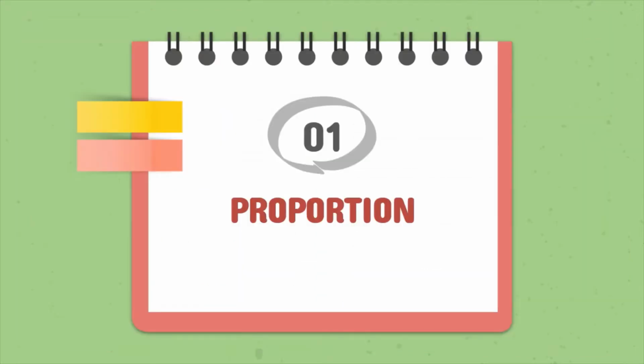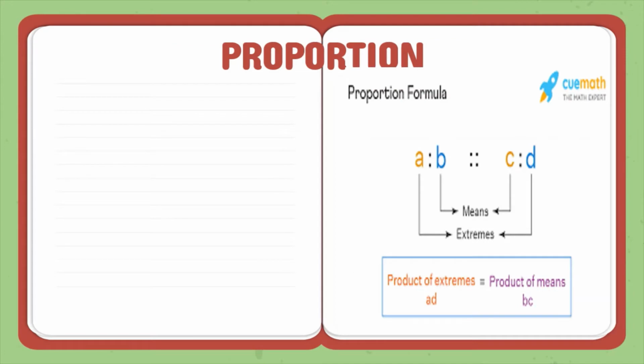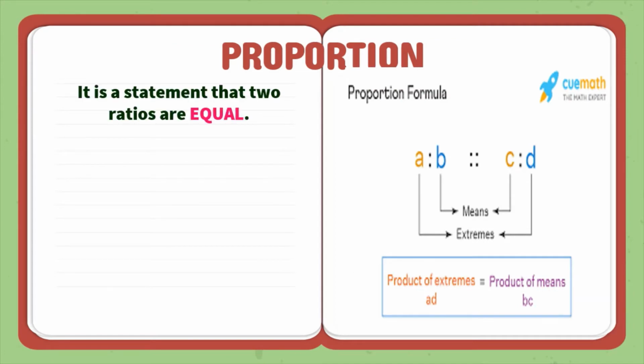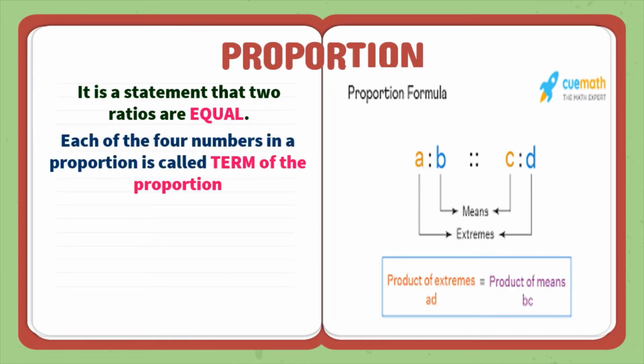Next, what is proportion? It is a statement that two ratios are equal. Each of the four numbers in a proportion, first, second, third, fourth terms, is called a term of the proportion.